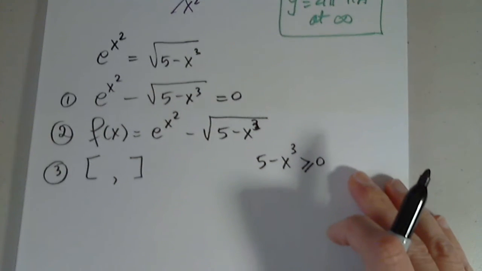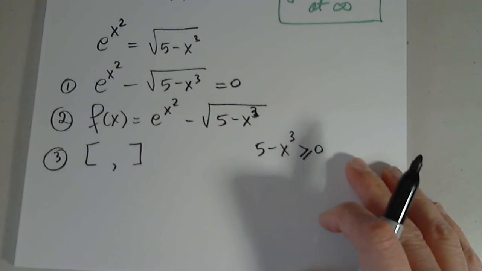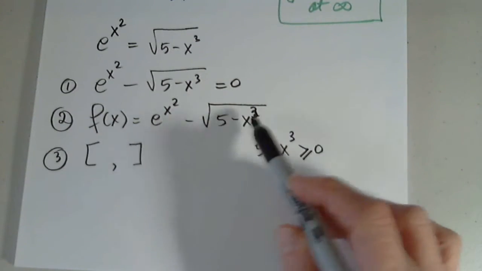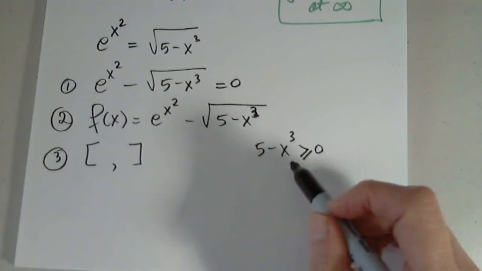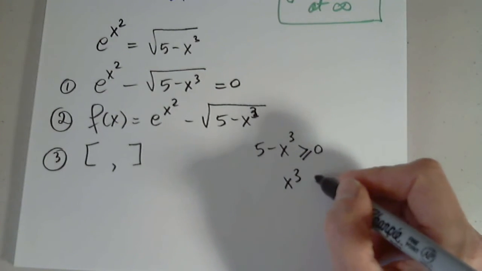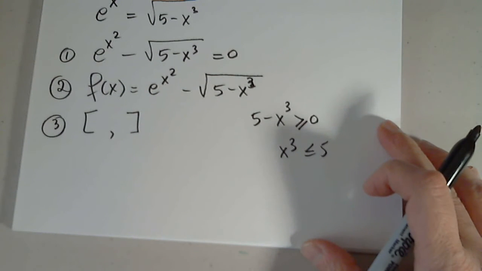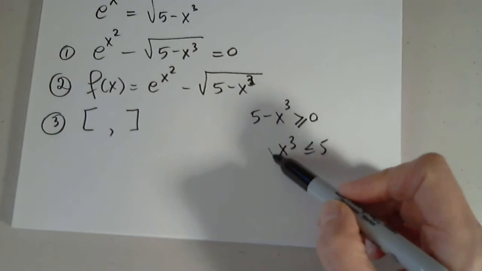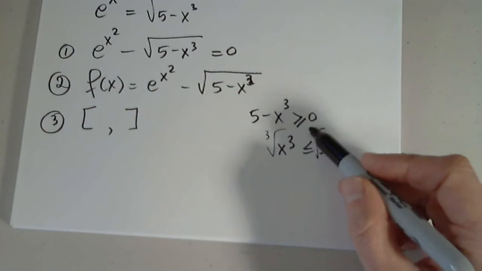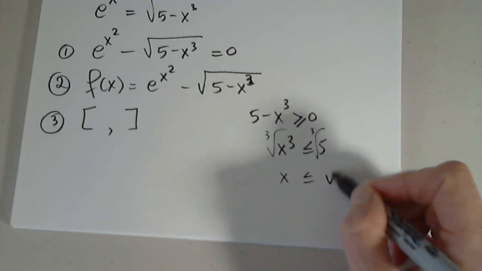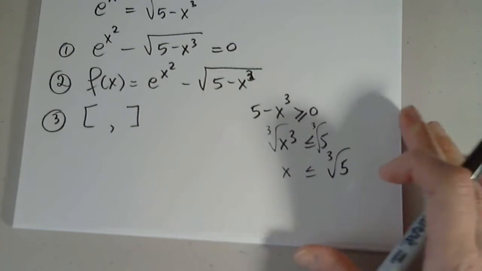I cannot just plug in numbers without disregarding that. So when I solve this, I get x to the third less than or equal to 5, and I can take the cube root. I have x less than or equal to the cube root of 5.